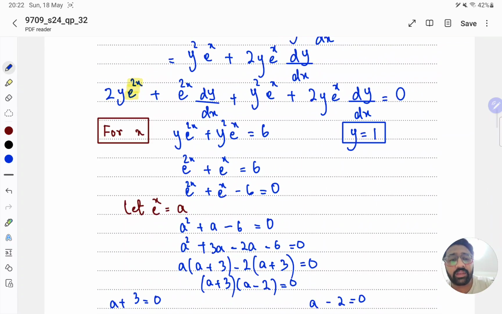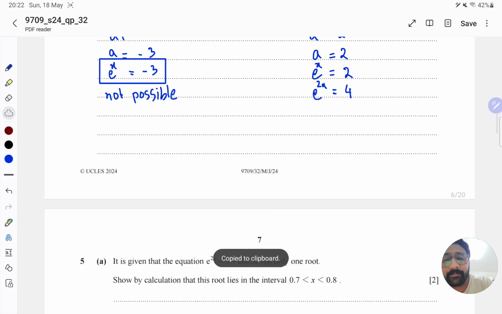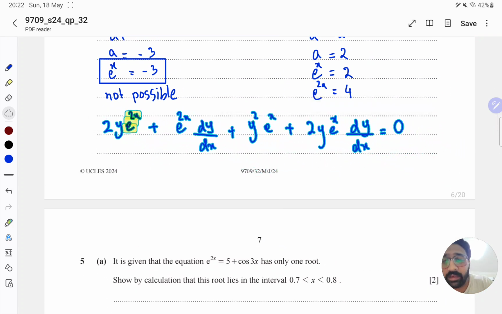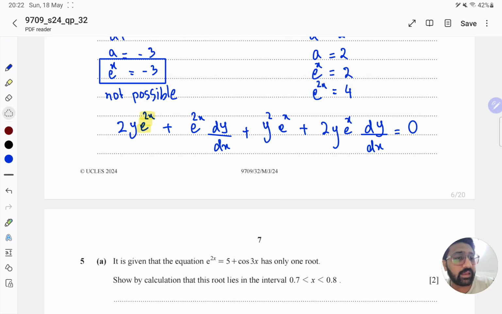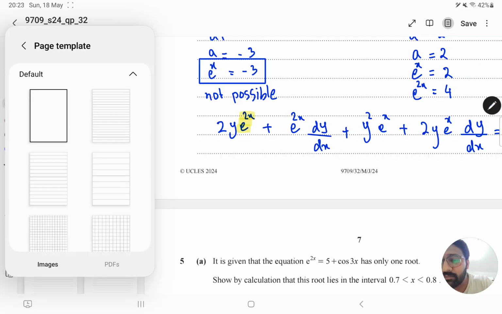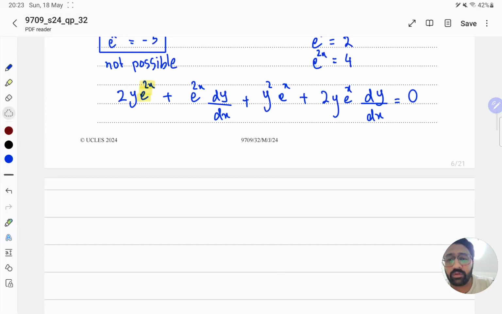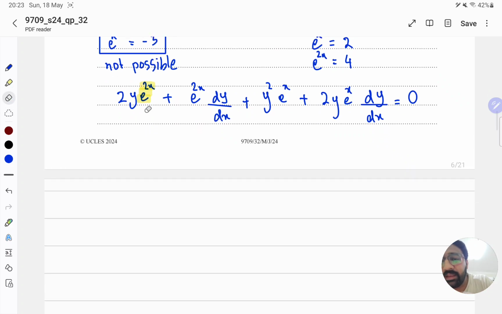I just need to plug it in over here in this formula, the one where we just found the derivative. So let me put it here. I'm running out of space, so I'll have to add another page. Let's substitute the values of e raised to the power of x and e raised to the power of 2x.